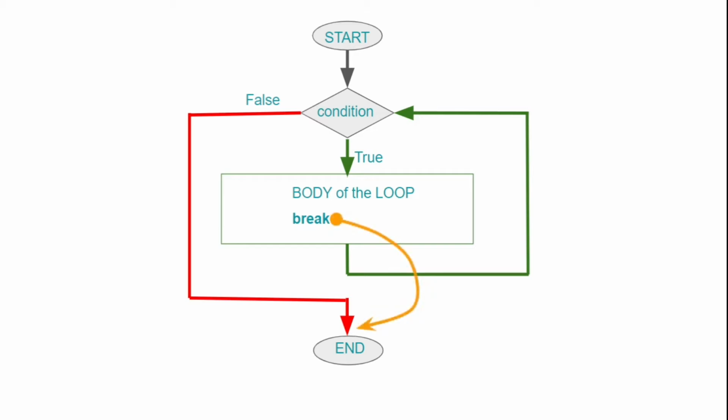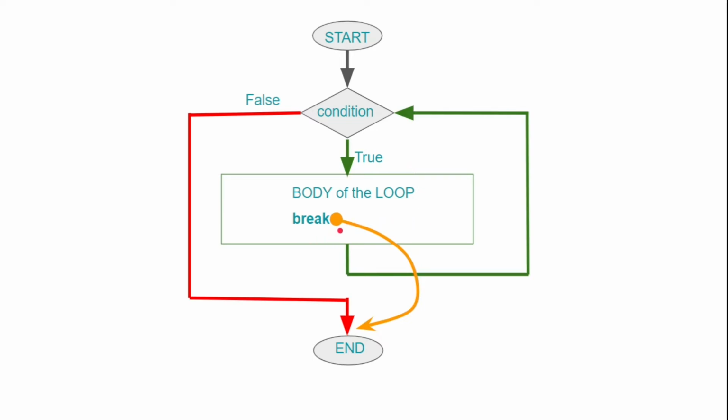It takes the control out of the enclosing while loop. As soon as this break statement is executed, it will take the control of execution immediately out of the loop. This is what you saw at the beginning of the video: a break statement allows you to throw the control out of the enclosing loop.